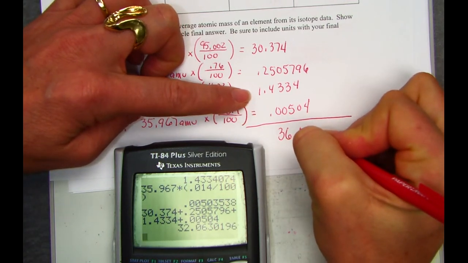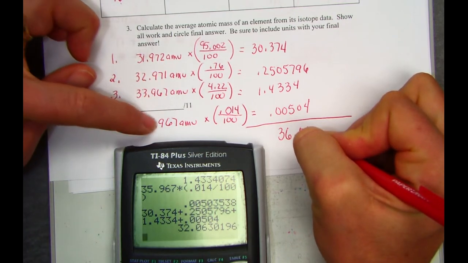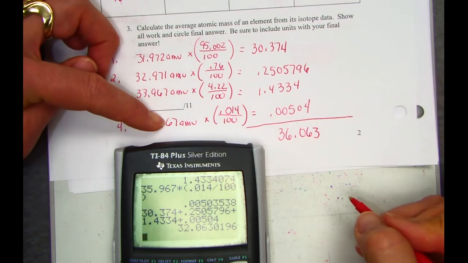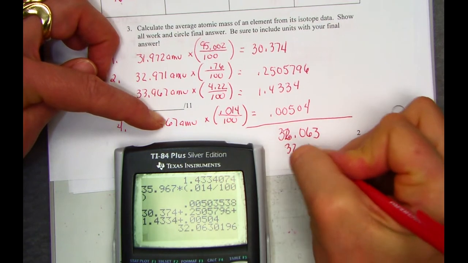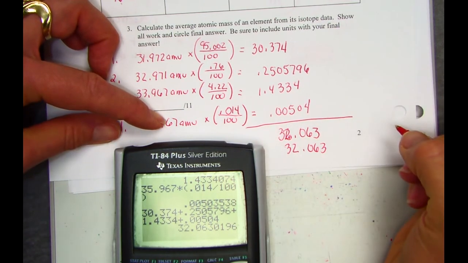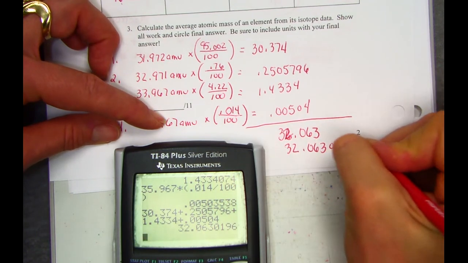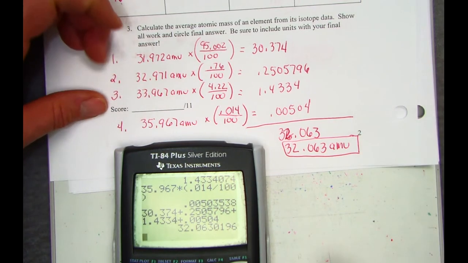Now, how many decimal places? Go back to your problem and notice that each one of these contributed 3 decimal places, so make sure you answer with the same number of decimal places. I wrote that wrong. 32.063 atomic mass units, the average of all 4 isotopes together.